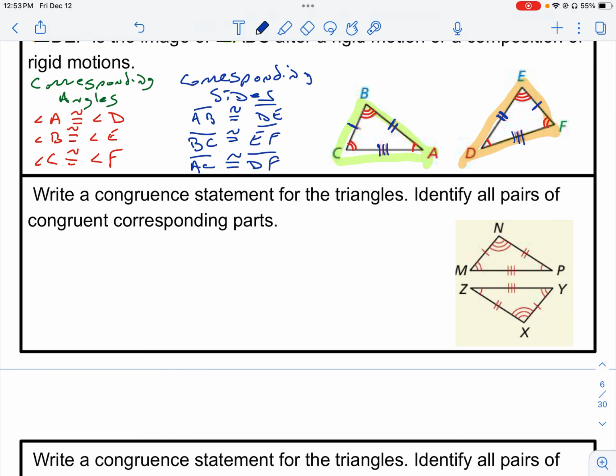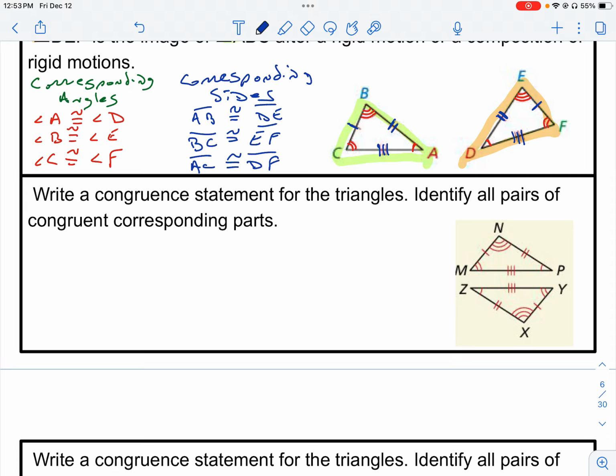So let's look at a congruent statement. The way you want to do a congruent statement is you want to name the first figure. So remember, we can go in any direction and start anywhere on the figure.